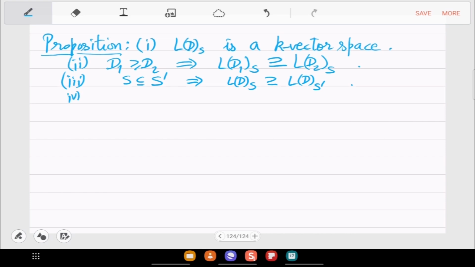And what if D|S and D'|S are equal? So for D and D prime, if for these arbitrary divisors the S part is the same, then clearly L(D,S) and L(D prime,S) will also be the same.